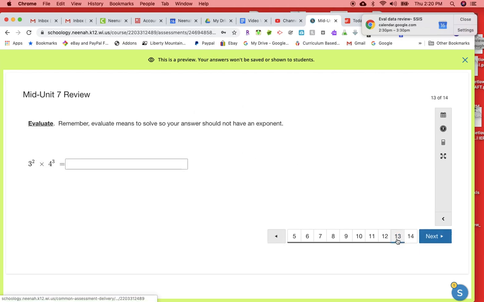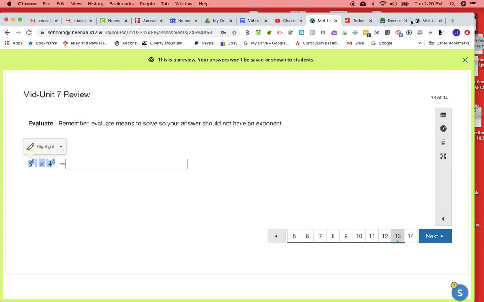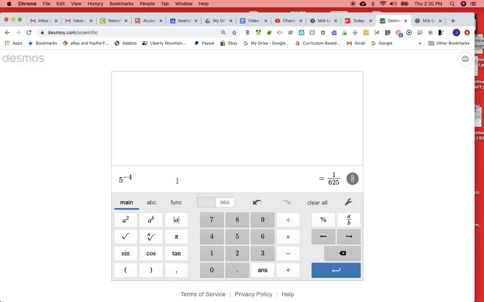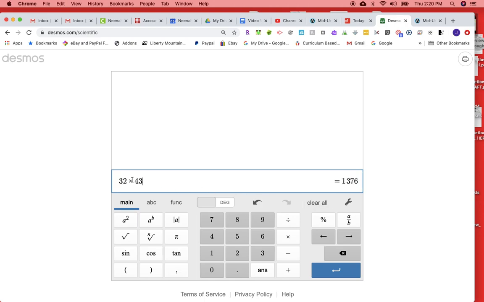Moving on, number 13, we only have a couple more left. This one, we have different bases and different exponents. So we're just going to solve this. I'm just going to copy this, paste it into our Desmos. It's not going to be perfect, but we know that. We're just going to make some corrections. This should be 3 to the 2nd power, so I'm going to get rid of the 2. Put the exponent 2, so 3 to the 2nd power times 4.